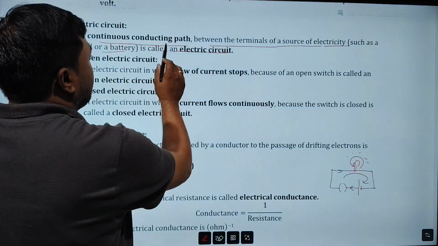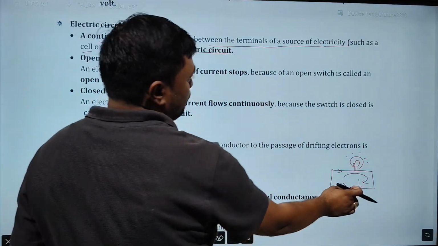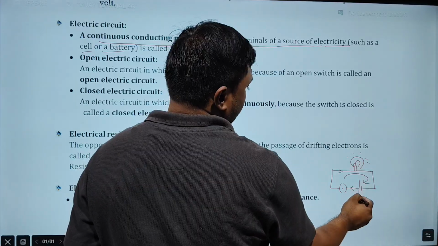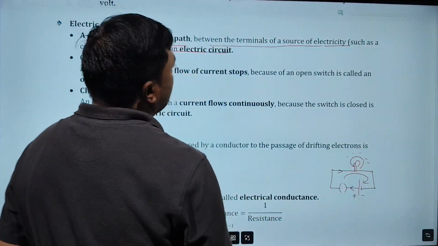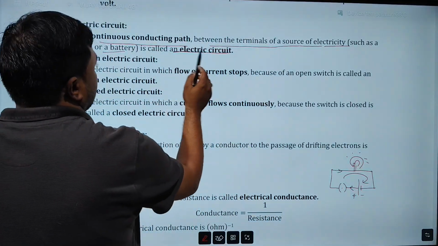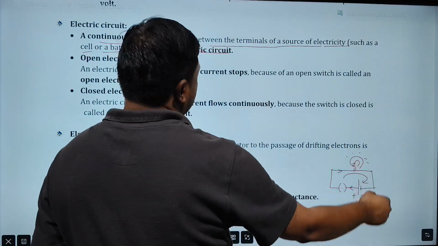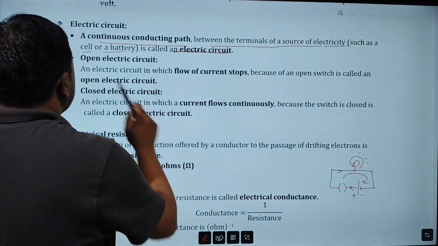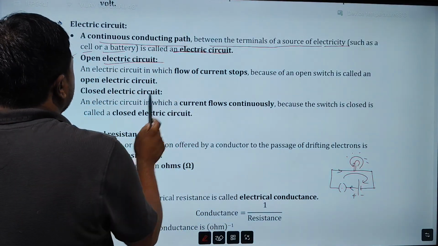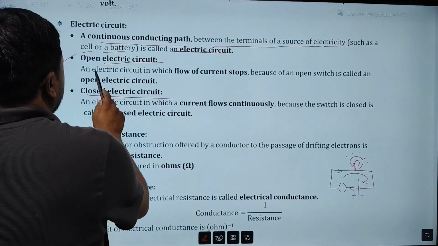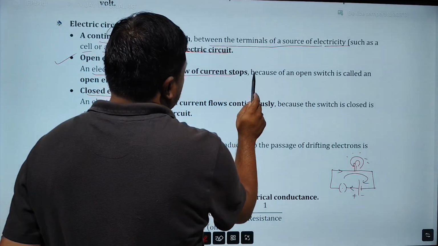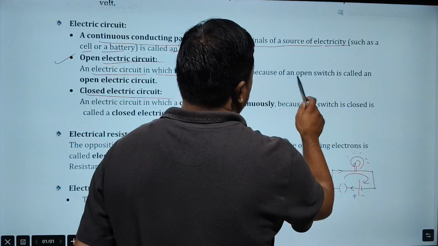So a continuous conducting path between the terminals of a source, this is the positive terminal, this is the negative terminal, such as a cell or battery, is called an electric circuit. Now, open electric circuit and closed electric circuit. An electric circuit in which the flow of current stops because of an open switch.